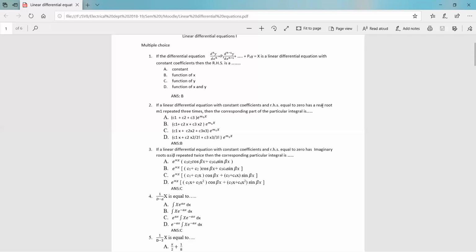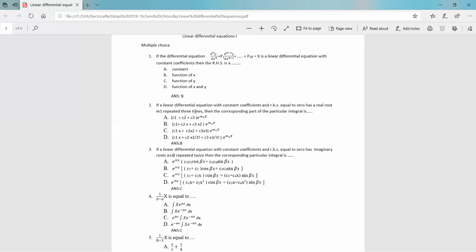A real root, and that real root is repeated 3 times. We have seen in case 2, if root m1 is repeated 2 times, then the complementary function is given by c1 plus c2 x into e raised to m1 x.